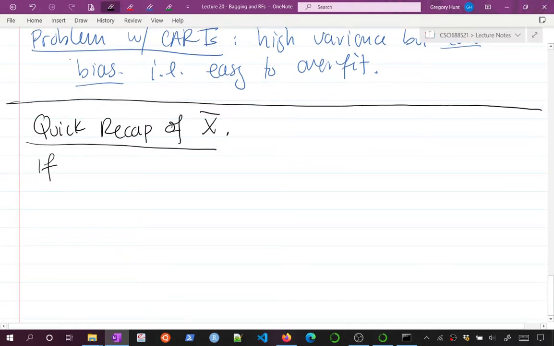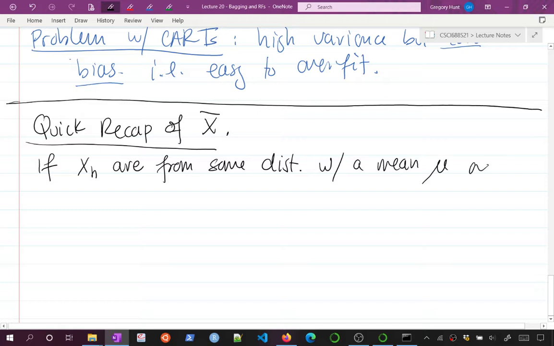So the real quick review of mathematical statistics is that if I have some x sub n's, these are my observations, like the rows of my design matrix rather than the columns, and they all come from some distribution with a mean, let's call it mu, and a variance of this distribution, sigma squared.